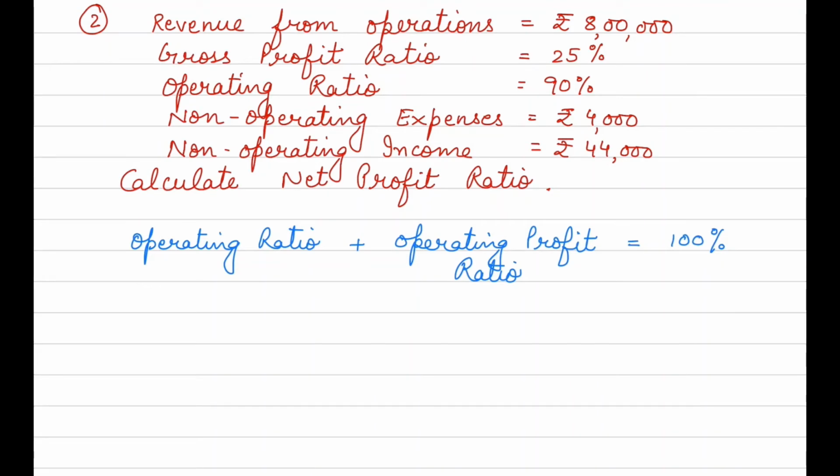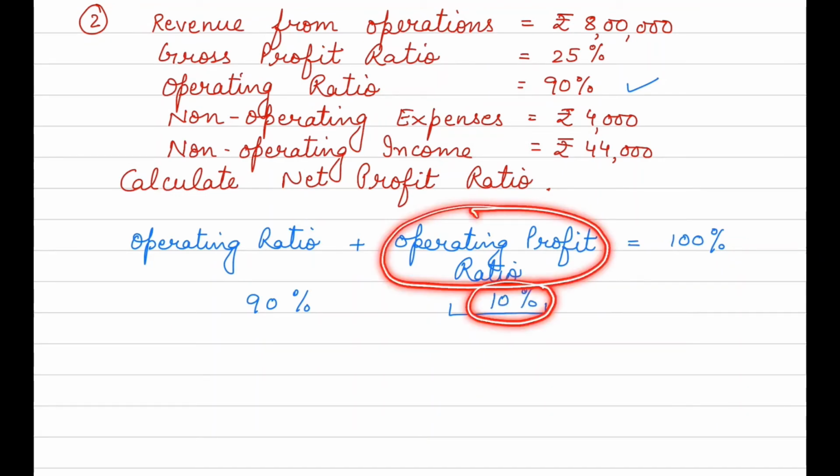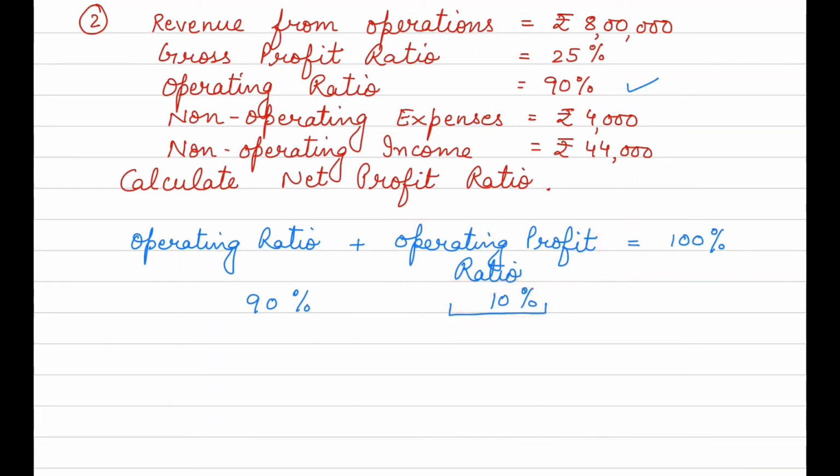So in this question, operating ratio is given as 90%. So if your operating ratio is 90%, then we can easily calculate operating profit ratio. So obviously it will be 100% minus 90%. So this ratio will be 10%. So this 10% is basically your operating profit ratio.